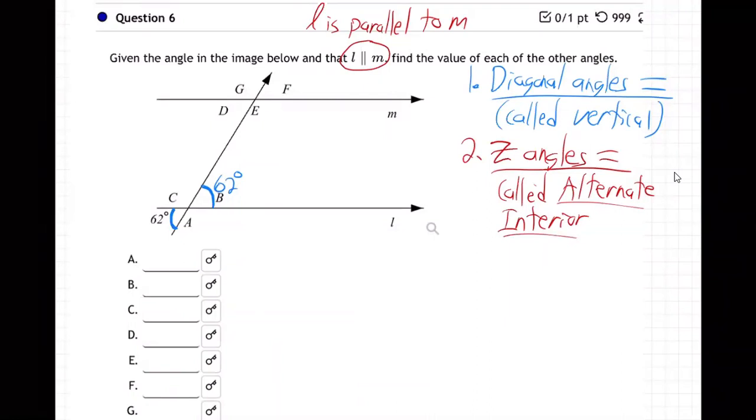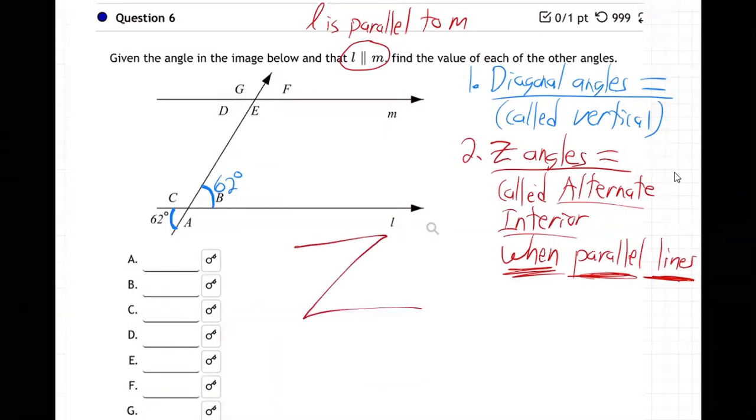Alternate interior angles are equal when you have parallel lines. When you have parallel lines, the Z angles, as I call them, the alternate interior angles, will be equal. What do I mean? Just think about if you make a Z, like the big Zorro Z. This angle and this angle, a Z naturally makes 2 angles. Those 2 angles have to be equal if the top and the bottom of that Z are parallel lines. Those angles will be guaranteed equal.